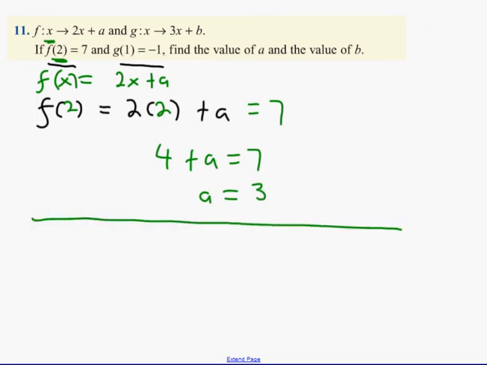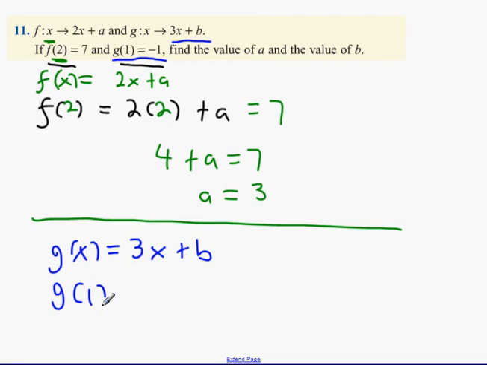Then it asks you in the next part of the question, g1 equals minus 1. What's the rule for g, Sean? What do you need to do for g? You need to replace x with 1. Yeah, 3 times your input plus b, and you're right.